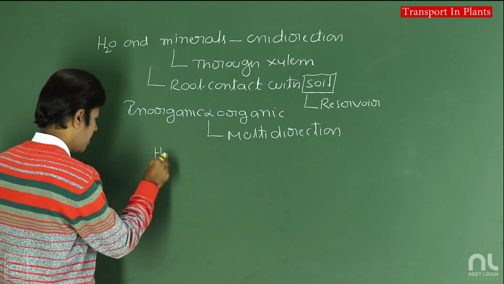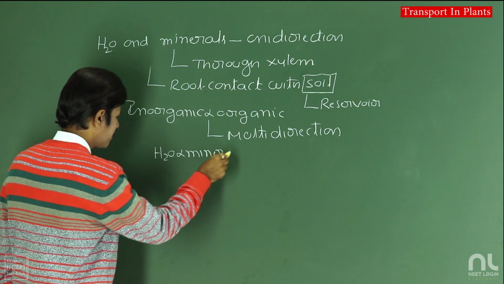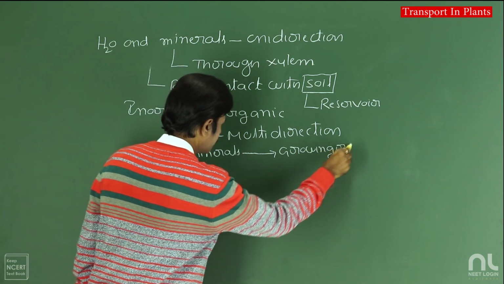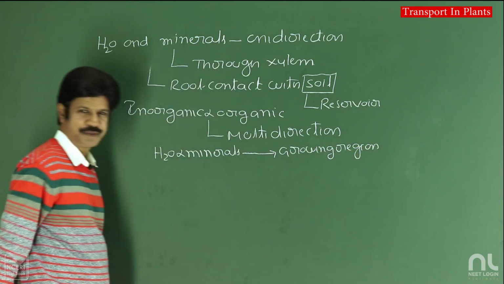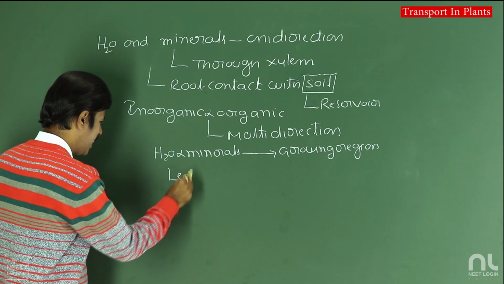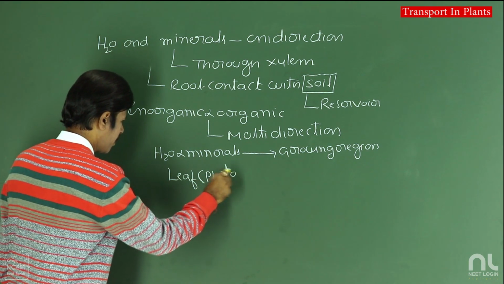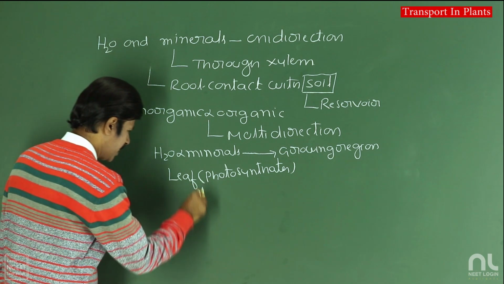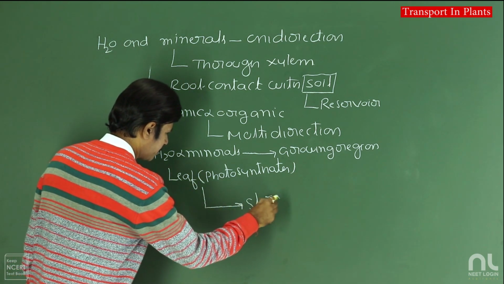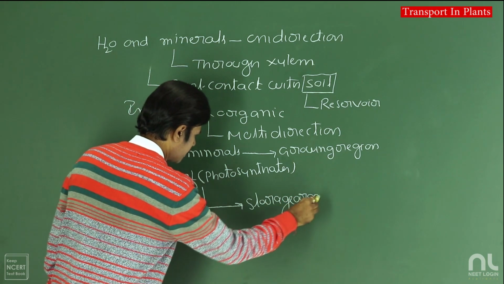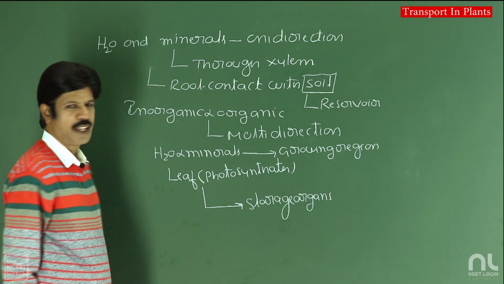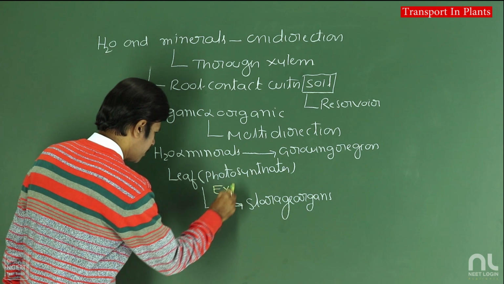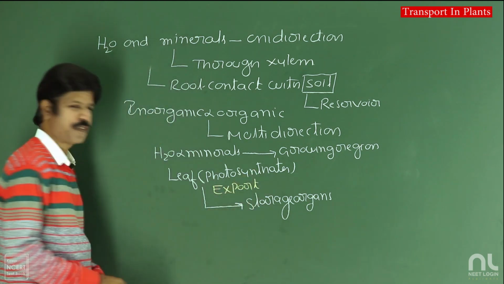So water and minerals go to growing regions, and from the leaf, photosynthates, that is food material, are transported to storage organs, and that is export.